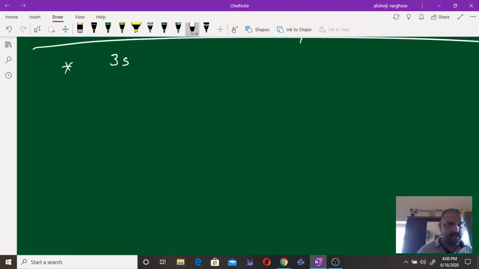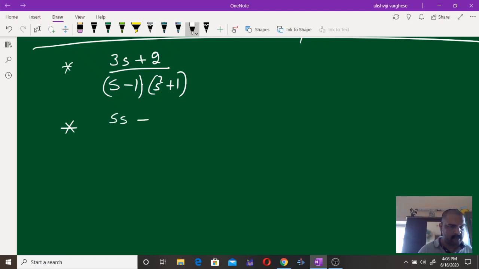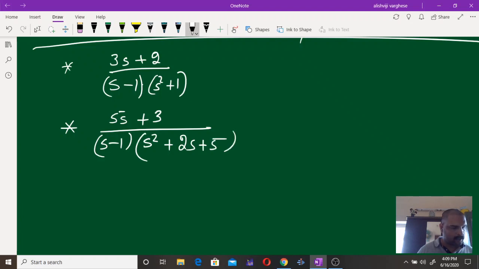Just take it as homework: (3s plus 2) divided by (s minus 1) into (s square plus 1), using partial fractions. Then another one, find the inverse Laplace transform of (5s plus 3) divided by (s minus 1) into (s squared plus 2s plus 5), again using partial fractions.